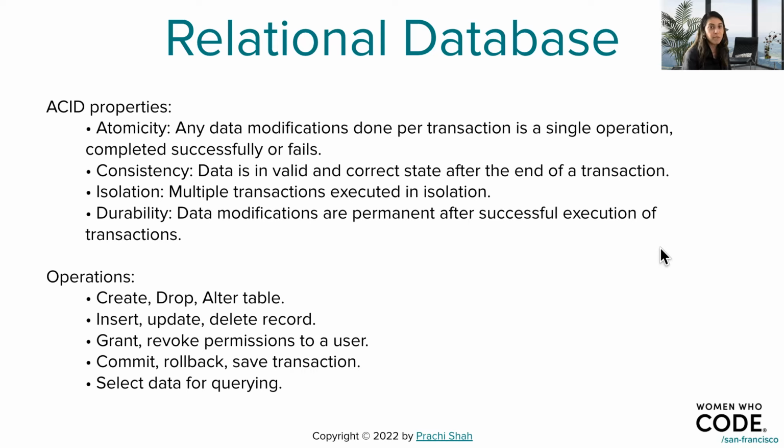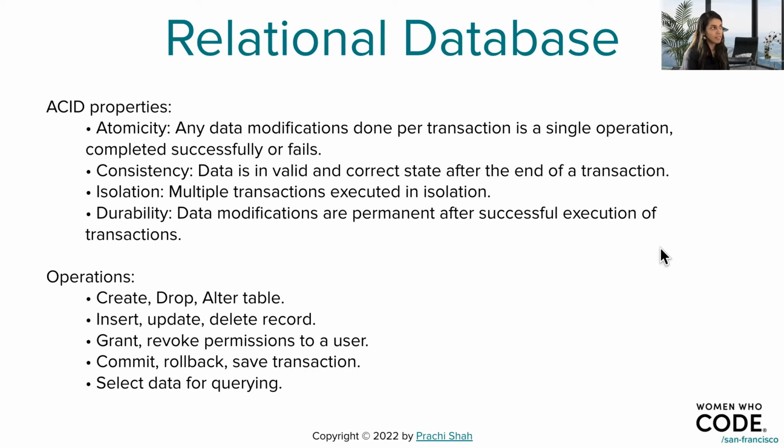It should not be left midway where we don't know what the status of the data or the database is. So one transaction, one command, or one modification on the data is considered one single operation, and it should either be completely successful or it should just fail. So that's atomicity.